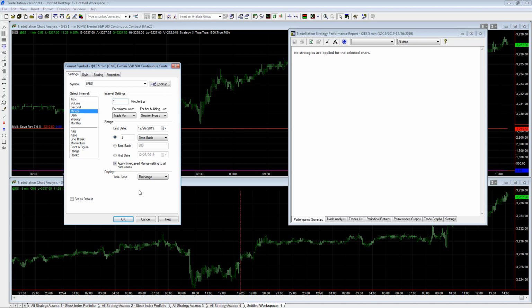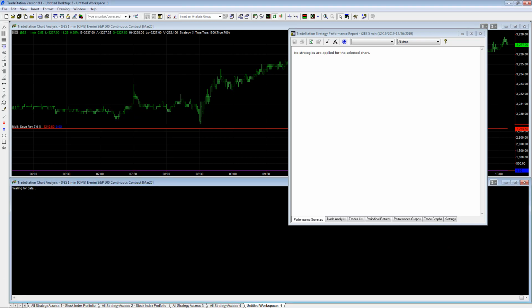So you want to make sure you're on exchange on both or on local on both. And so @ES, 1 minute bar, let's go back the same amount to 1/31/2016 exchange time, and you see this is almost 4 years, and then we say OK.